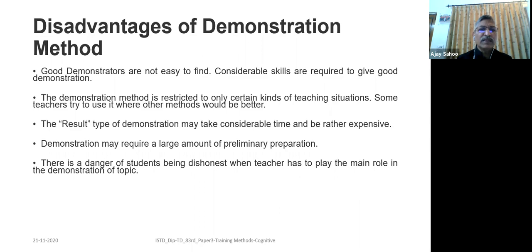Finally, there's a danger of students being dishonest when the teacher has to play the main role in the demonstration of a topic. There are instances, like when we were students, the student would bribe the lab in charge, or the lab assistant, to know exactly what salt had been given to them, and they would fib and be dishonest.